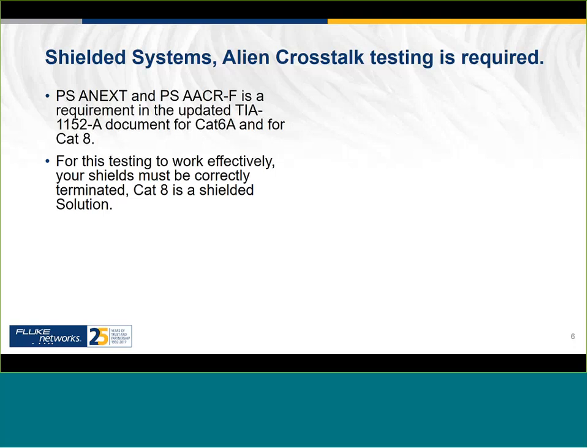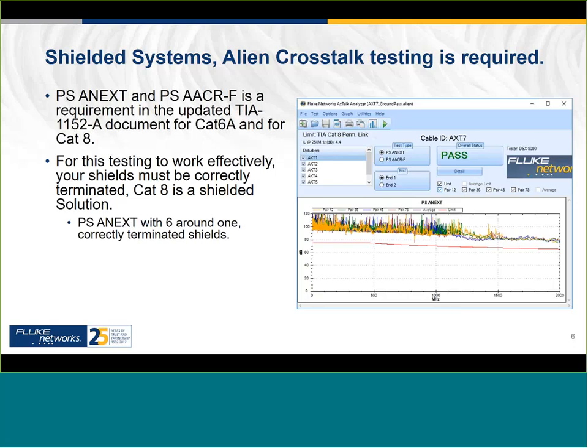Now, when we look at Alien crosstalk in a laboratory type situation, we perform a measurement which we often refer to as 6 around 1, where we put 6 cables around a victim cable and measure the effects. So we've done this in our lab, and this is for category 8 cabling.